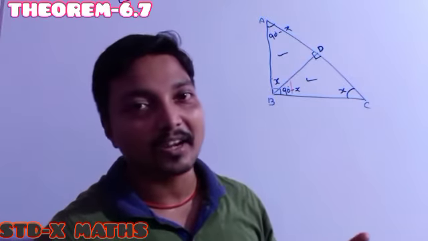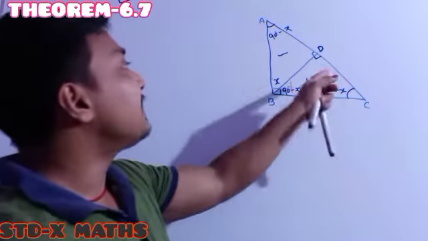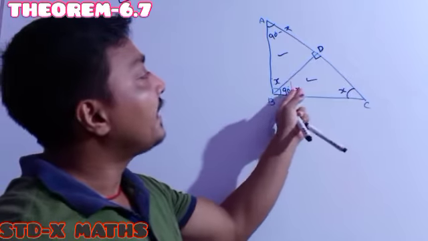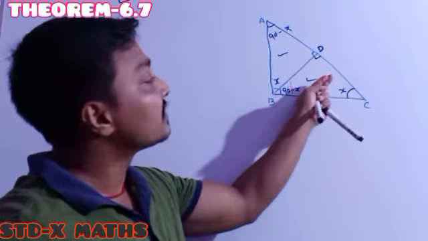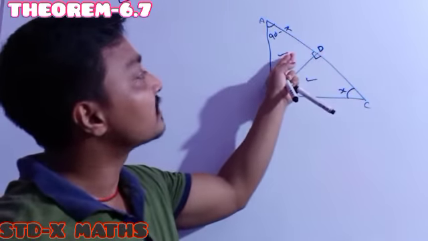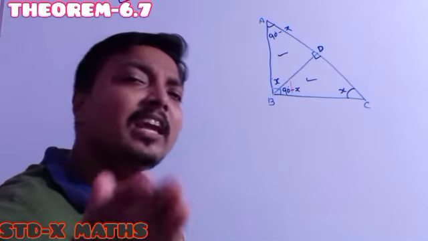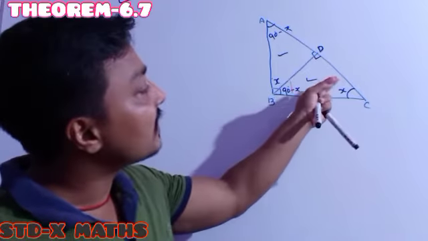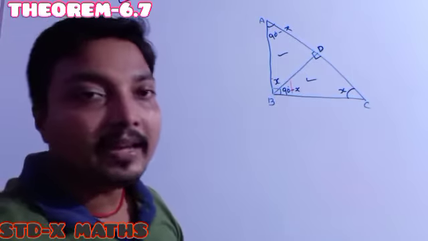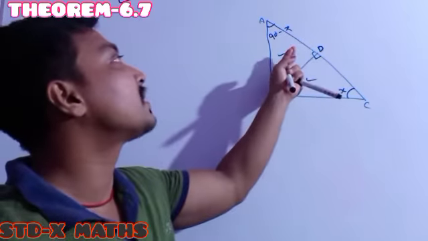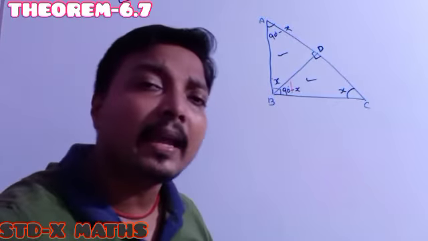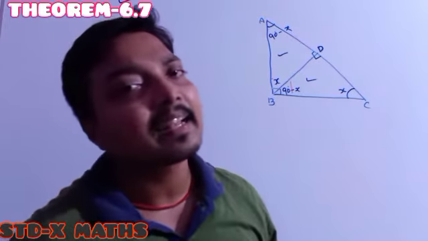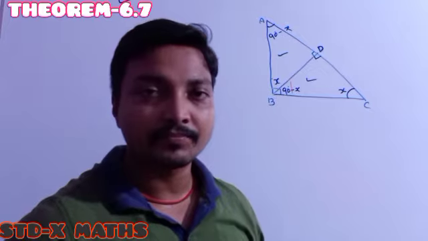Understood or not understood? See, to be similar, as we have already got the measures of all the angles of this triangle and of this triangle, if we can show that two of the angle measures of this triangle are the same as two of the angle measures of this triangle, then by the AA similarity criterion we can say that both the triangles are similar.